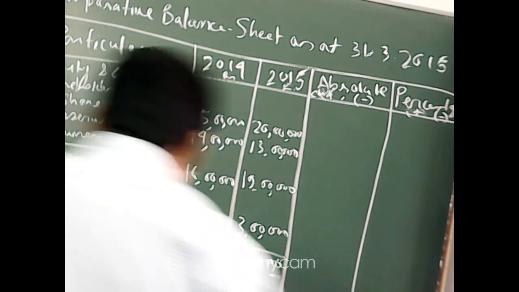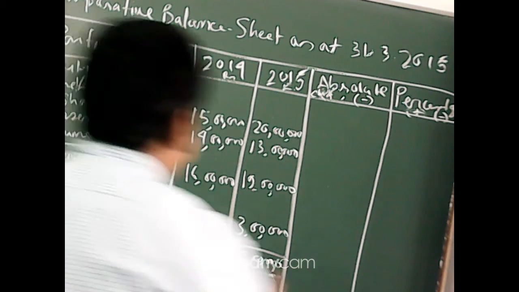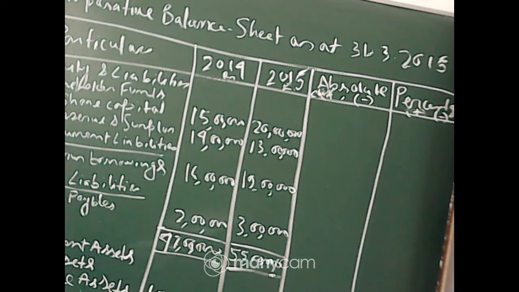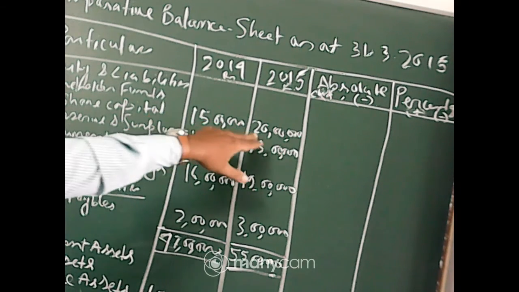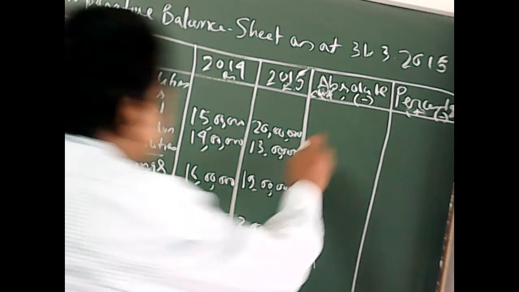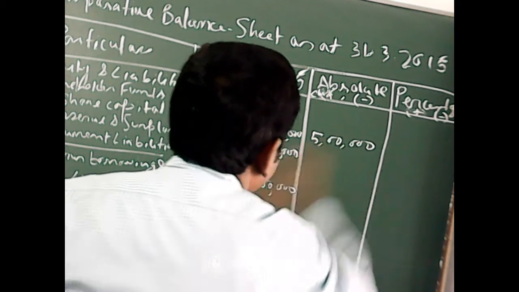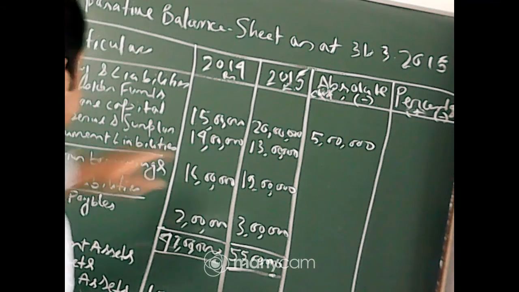Now look, first of all there is share capital. What is the change of share capital? Last year it was 15 lakh, and current year 20 lakh. Means there is a 5 lakh increase in share capital. Now next, reserve and surplus.